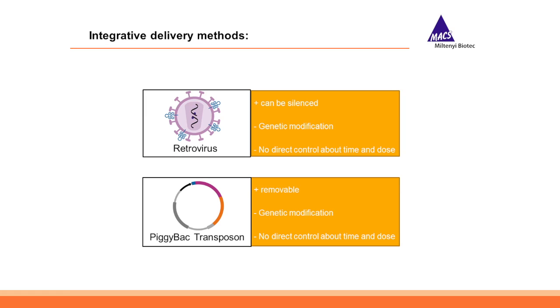Nevertheless, I would like to shortly introduce 2 important integrative methods. First is the retrovirus, which has been used by Shinya Yamanaka. But this method takes up to 6 weeks to form iPS cells. We have two phases of reprogramming.